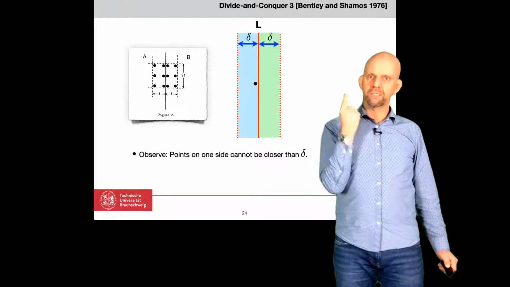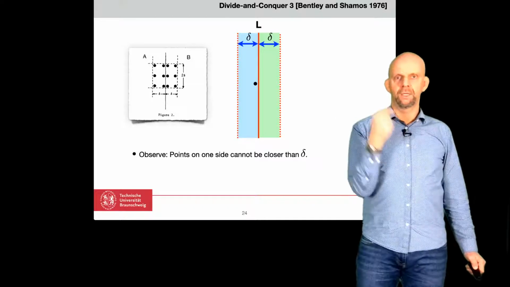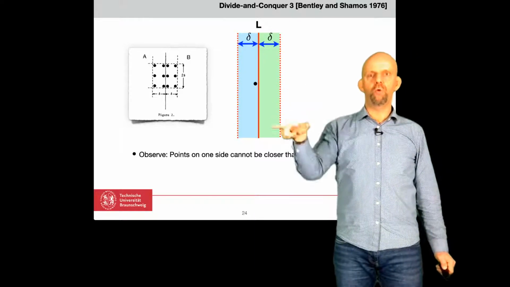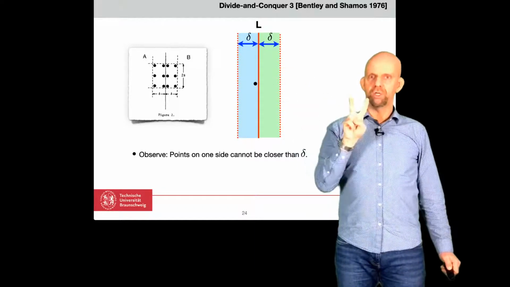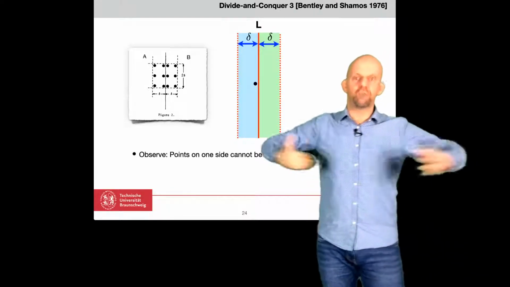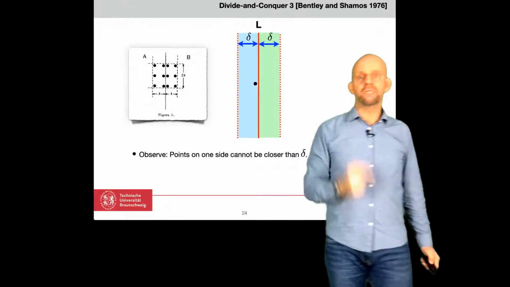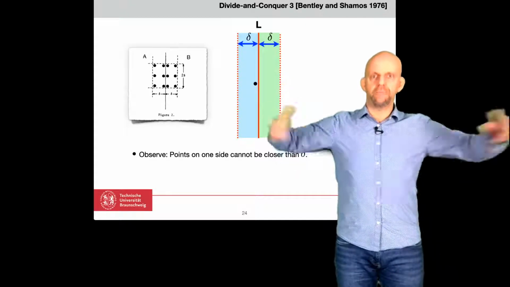Now, all these points over here, they must have a distance of at least delta. So that means you cannot have any 2 points in the green which are closer than delta. They must maintain a certain distance. And that means they are spaced apart.